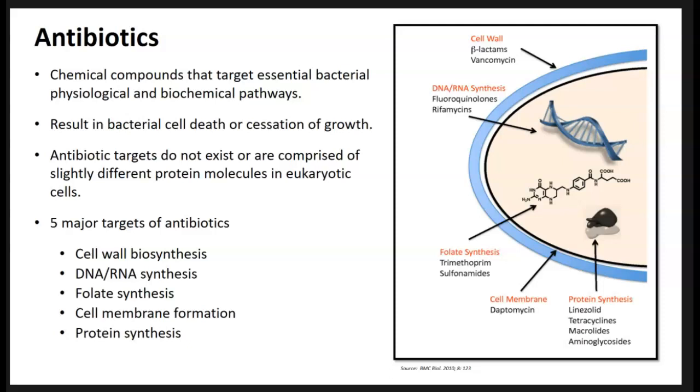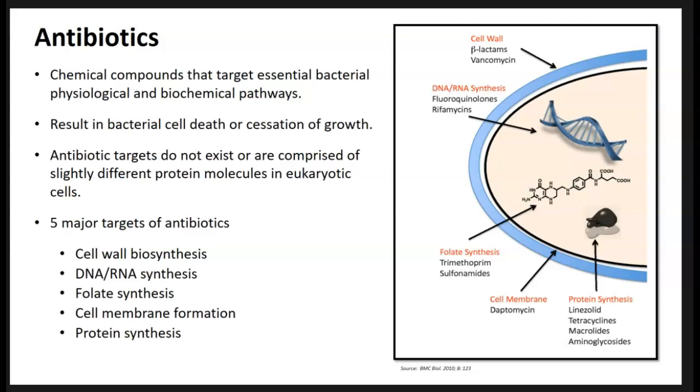The way that antibiotics kill or prevent bacteria from growing is by targeting a number of biochemical pathways inside of bacteria cells. We want those pathways that antibiotics target to be sufficiently different in bacteria than they are in eukaryotic cells so that we don't have side effects.